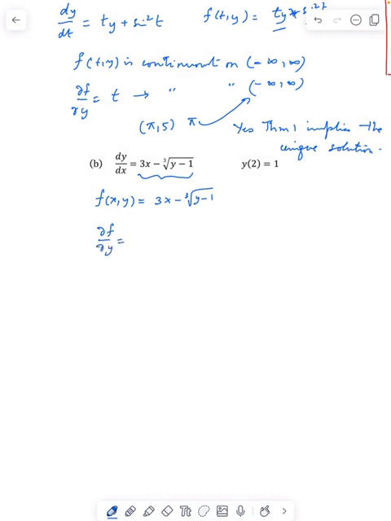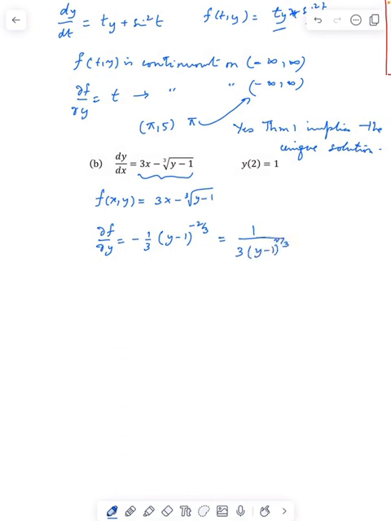So first term, you can see there is no y, so the derivative is 0. Second will give us negative 1 over 3 times y minus 1 raised to 1 over 3 minus 1, so negative 2/3, which can be written as 1 over 3 times y minus 1 raised to the 2/3.